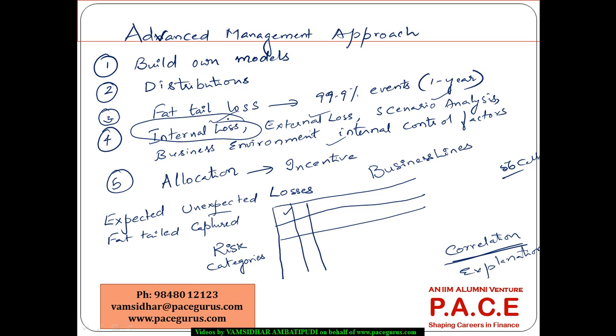Now let's get into one specific approach along the same lines, which I am calling the loss distribution approach, LDA. Mainly it relies on internal loss data. Right, this entire approach is based on internal loss data.